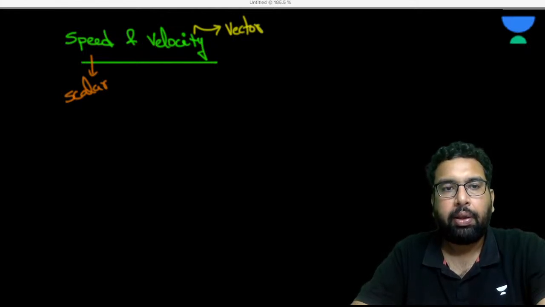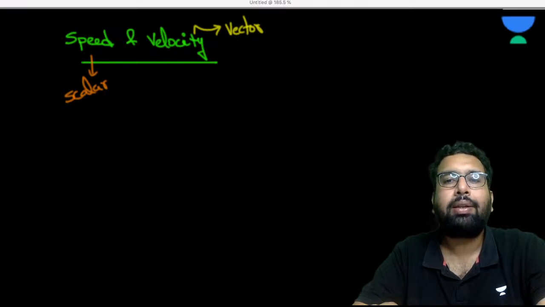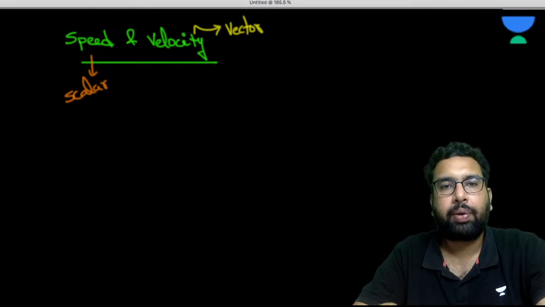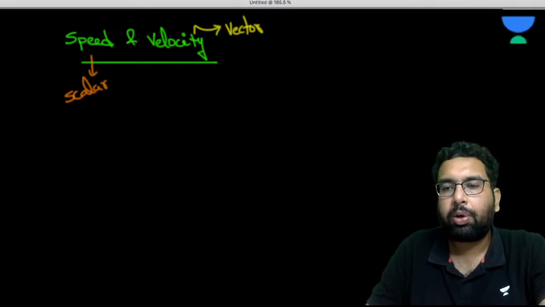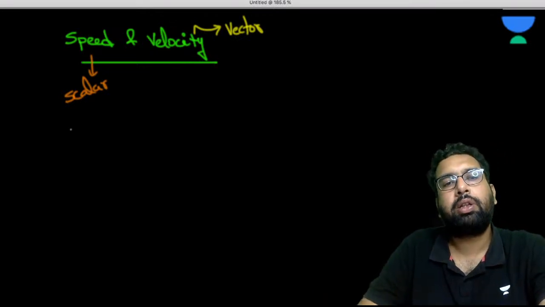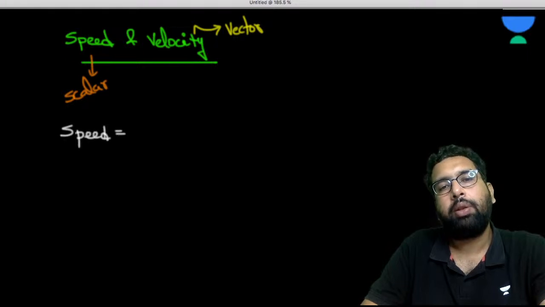Now, when I talk about speed and velocity, there are two things to take care of. First of all, what is speed? Speed is change in distance upon change in time.